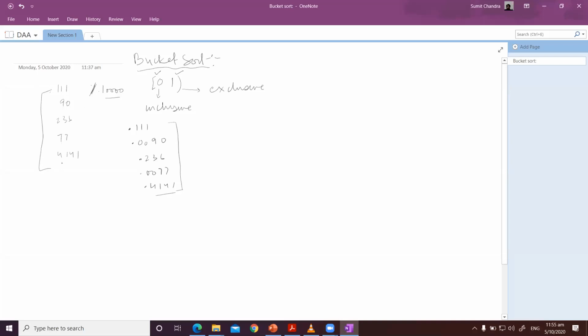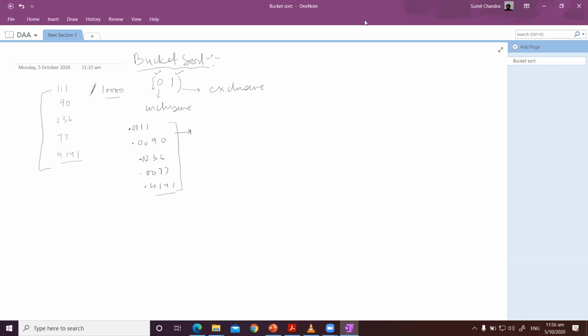Why 10,000? Because the maximum value is 4141 and we want every value in decimal. Any series you get, you have to convert the whole series into decimal, and then apply bucket sort as per the Cormen algorithm.